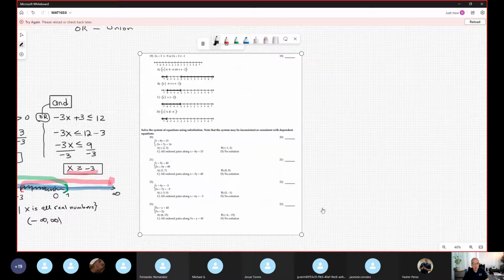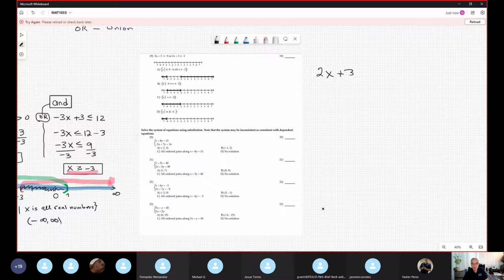Okay, cool. Let me copy. It's 2x plus 3 less than or equal to negative 9. Or, again, or 2x plus 3 less than or equal to negative 1. Okay. Don't worry too much.